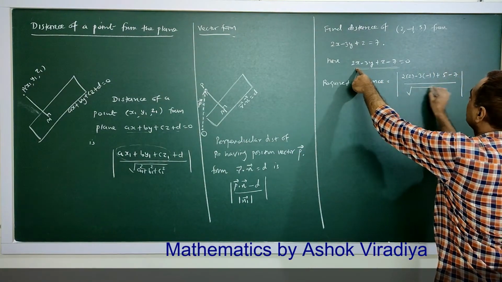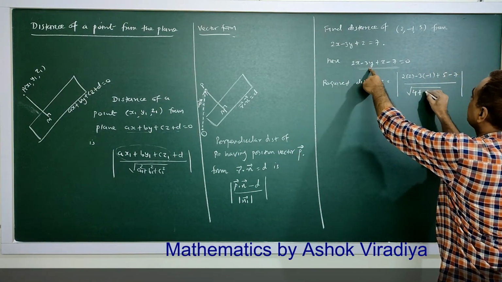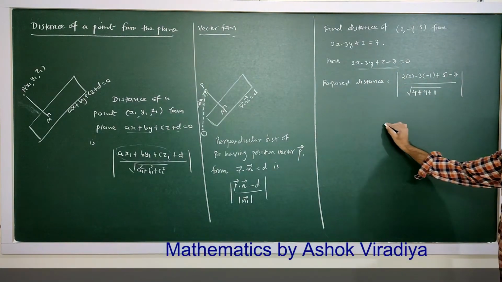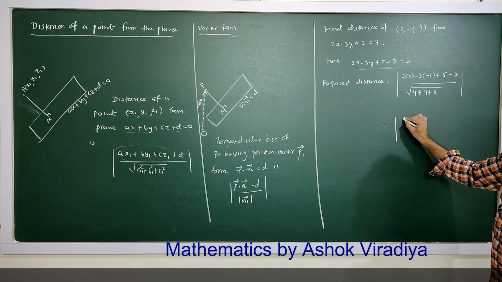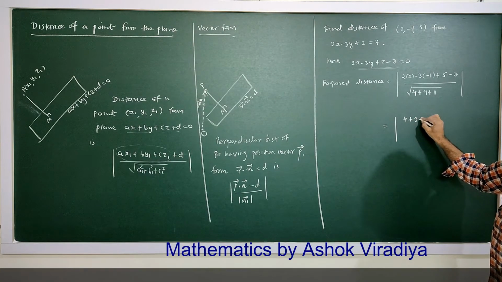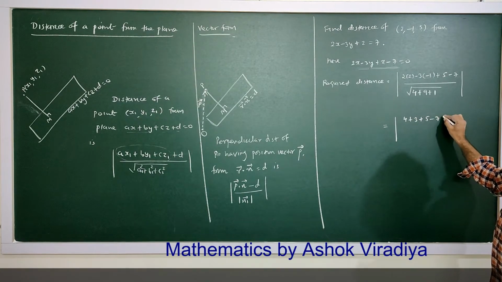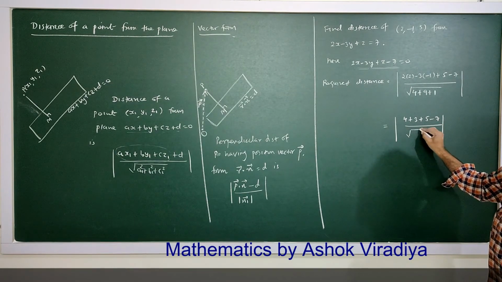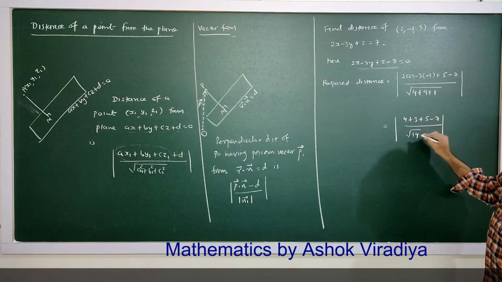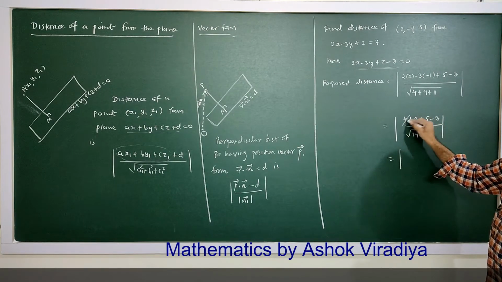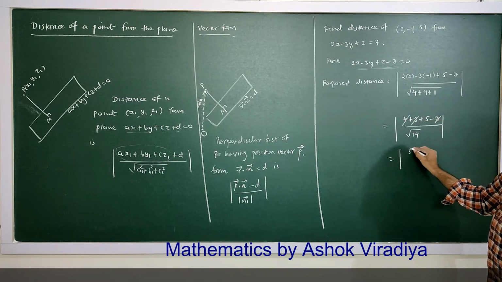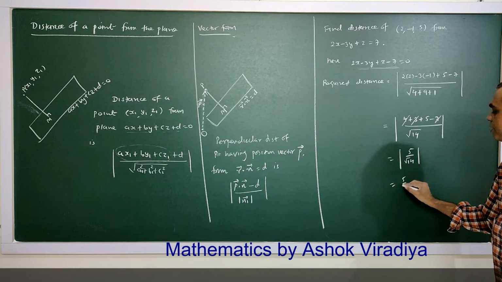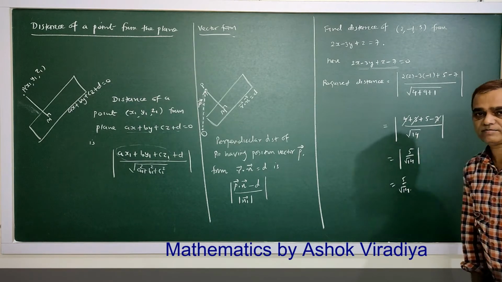So square root of 2 square is 4, minus 3 square is 9, 1 square is 1. So that is modulus of 4 plus 3 plus 5 minus 7 upon square root of 14. This is 7 minus 7 is cancelled, 5 upon root 14. So required distance is 5 upon root 14.